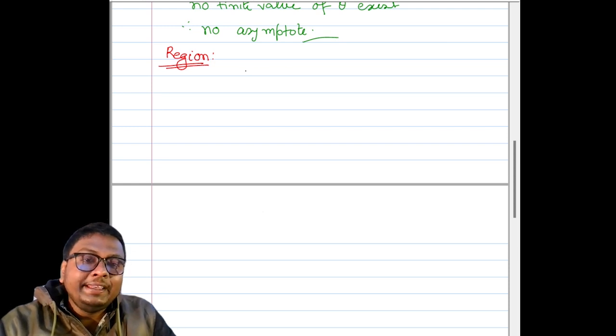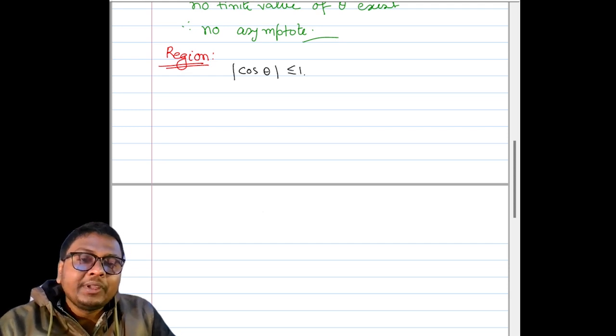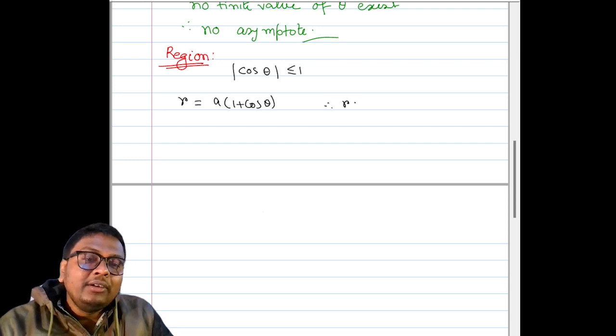So for finding the region, you just see that in the given equation only cos theta is present, and we know the value of cos theta is obviously less than or equal to 1. Now if you want to find the value of r, r is a into 1 plus cos theta. What is the minimum value and what is the maximum value of r? The maximum value, when cos theta is positive 1, gives 1 plus 1, 2, so that means 2a.